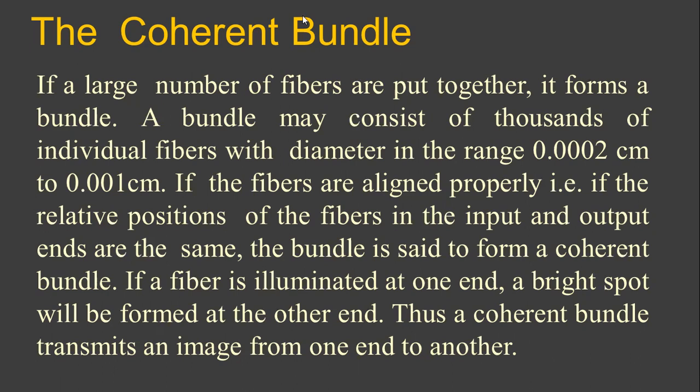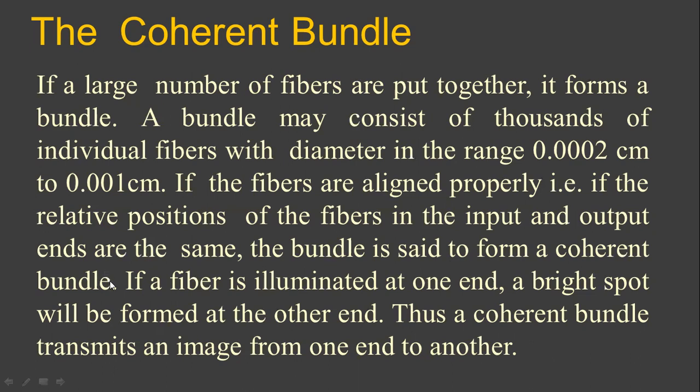If the fibers are aligned properly, that is, if the relative positions of the fibers in the input and output ends are the same, the bundle is said to form a coherent bundle. So this is very, very important.